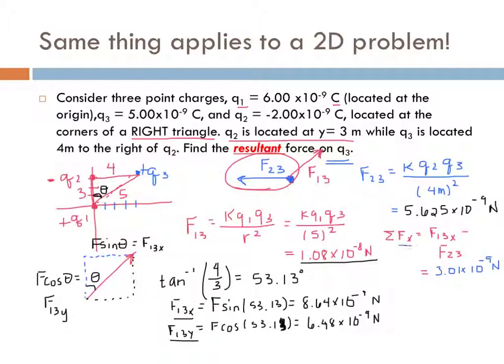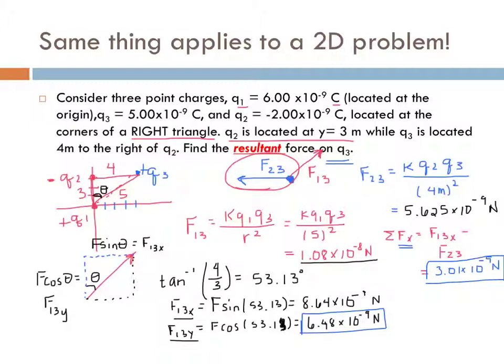Now, this is the sum of the forces in the x direction. We don't have to do anything to the y direction because there's only one component of the force acting in the y direction.